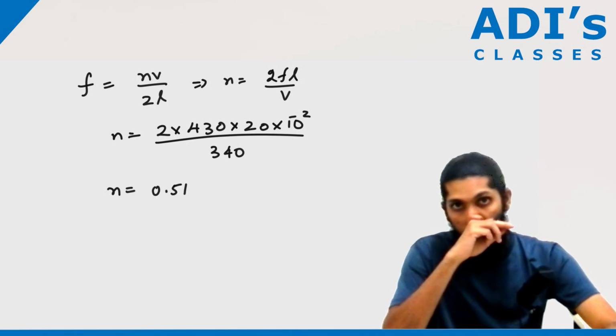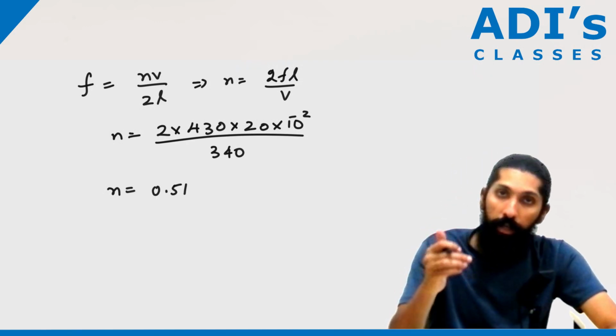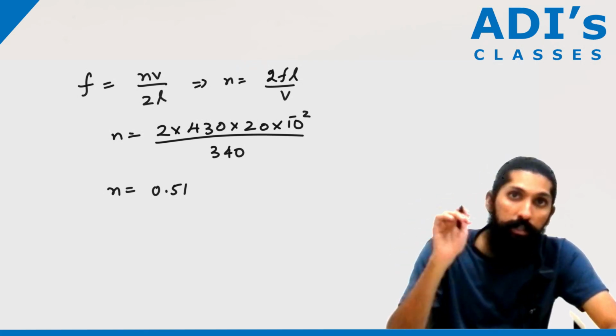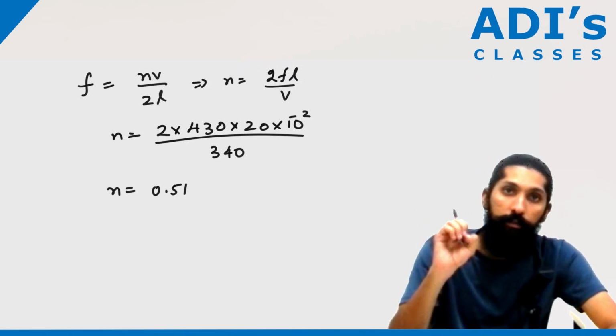Now, think about it. We have a value of n less than 1. Can you have a value of n less than 1? Impossible, correct? In the sense, there is no position for which you are going to have a resonance here.